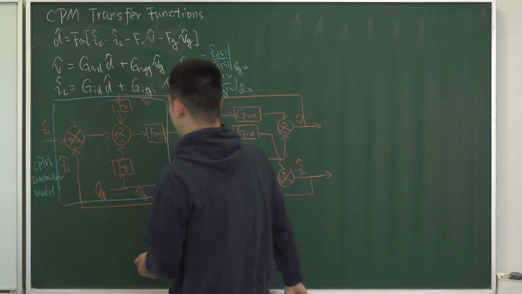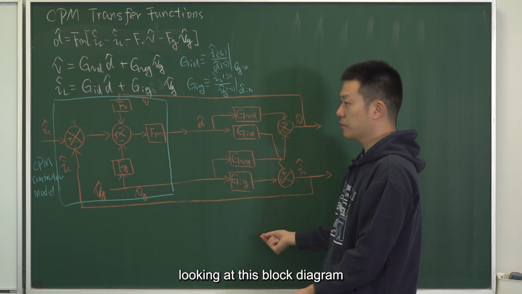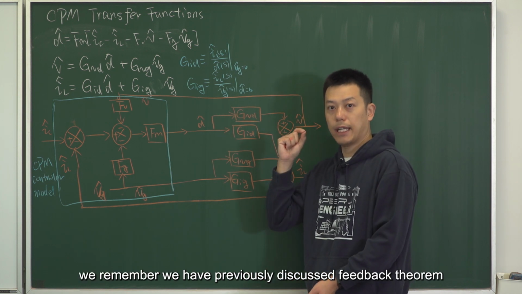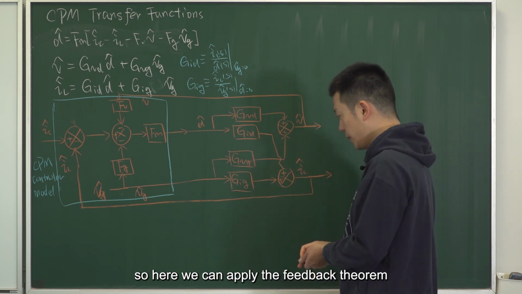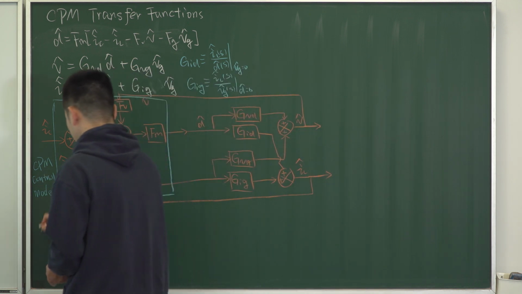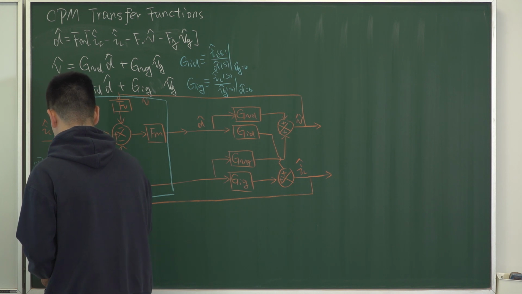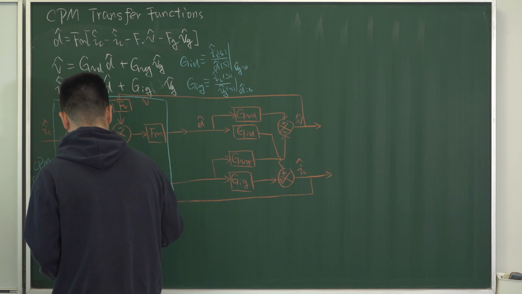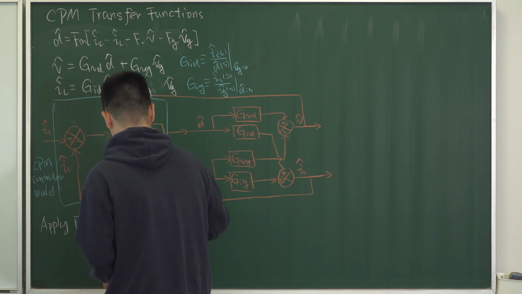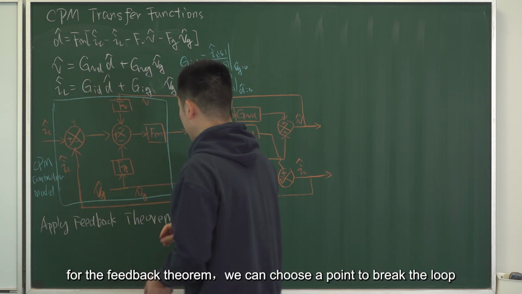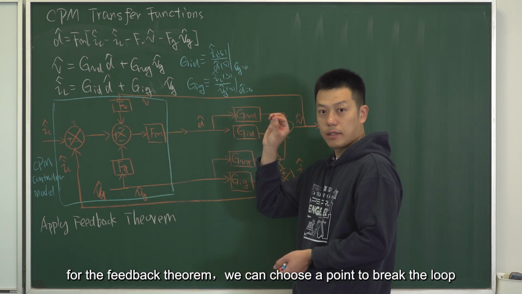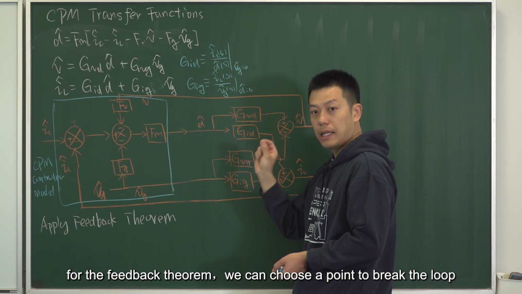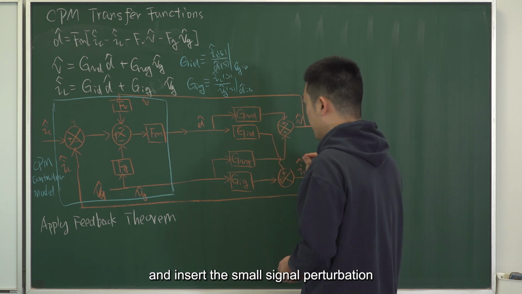Looking at this block diagram, we remember we have previously discussed the feedback theorem, so here we can apply it. For the feedback theorem, remember we can choose a point to break the loop and insert the small signal perturbation.